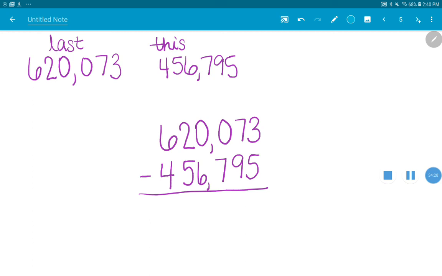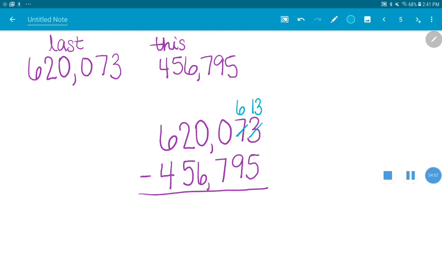So where am I going to go to get some more ones, Tatum? Very good. I'm going to go to the 7 tens. How many tens will we have now? 6. How many ones? 13. Very good. So I can subtract the ones now.